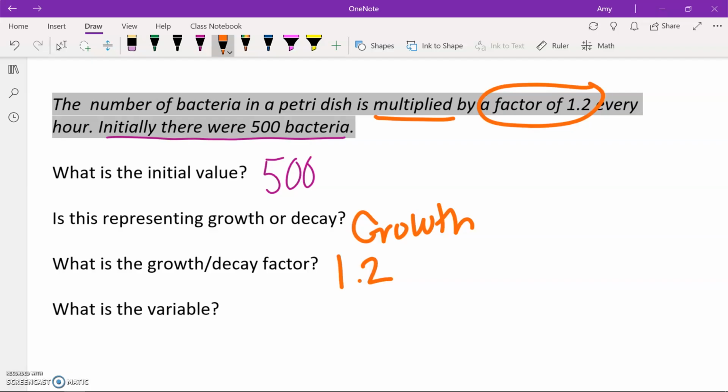The last question that is really important for a word problem is to know what our variable is. How much are we changing, or what are we changing every time? In this case, we are looking at every hour. So the variable is going to be the number of hours. That is going to be what we are inputting to figure out how much bacteria that we have.